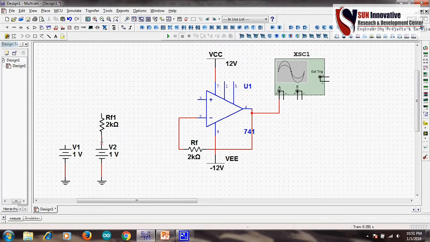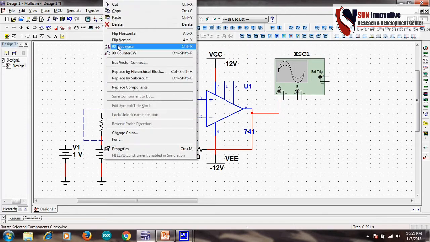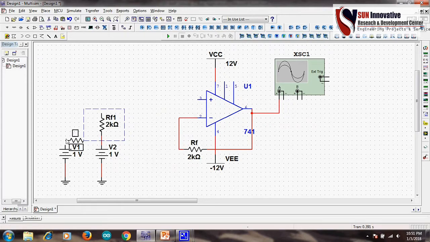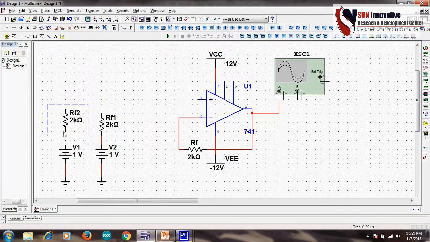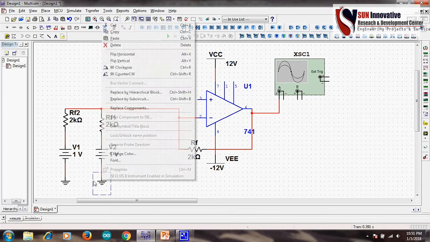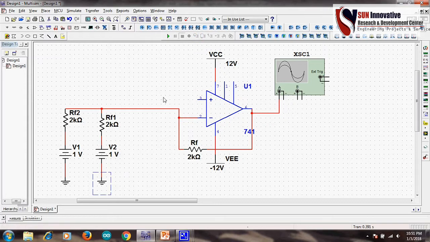Okay, now this is here, and paste the resistance. Okay, now finally we made the circuit diagram of the summer or adder circuit.